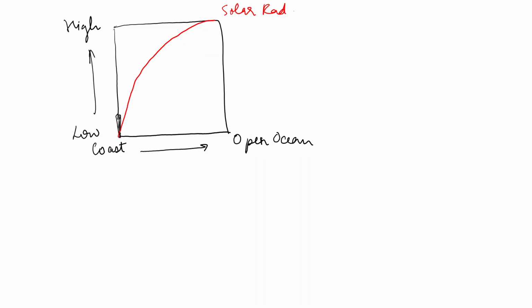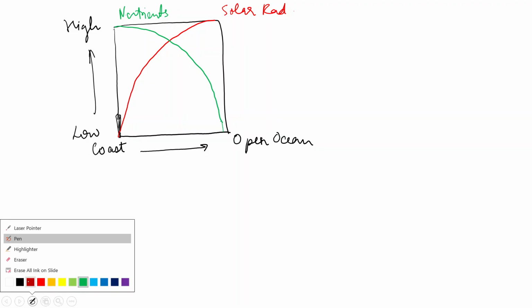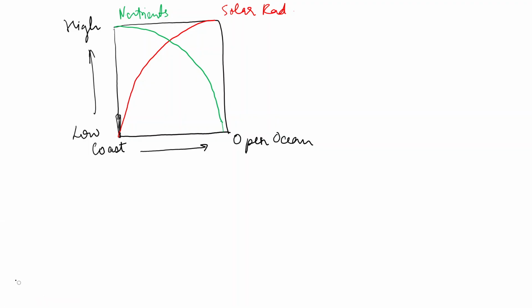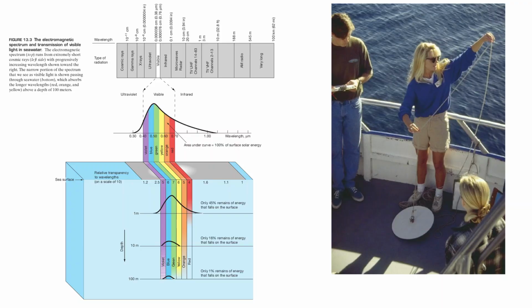So nutrient availability becomes lower as you go away from the coast. Now you can understand that water transparency is important, but at the same time, it is also important how much nutrients are available. Okay, so if we look at this diagram, this is a very important diagram.